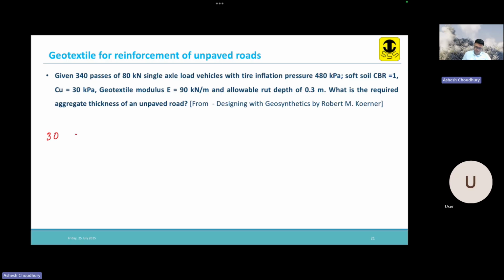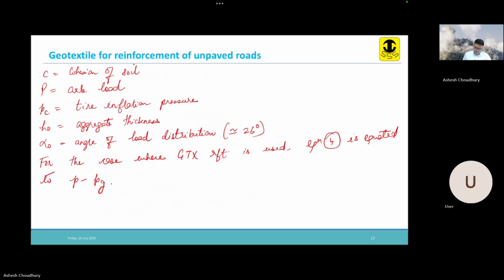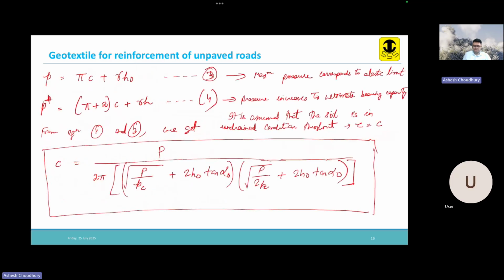30 equal to 50 by 5. Just check once. Okay, so this equation here is this equation.